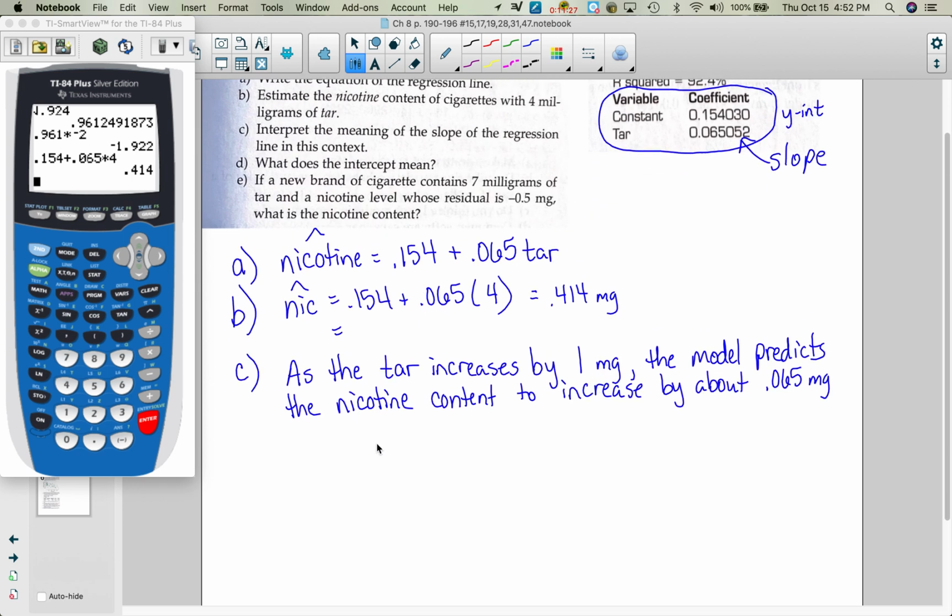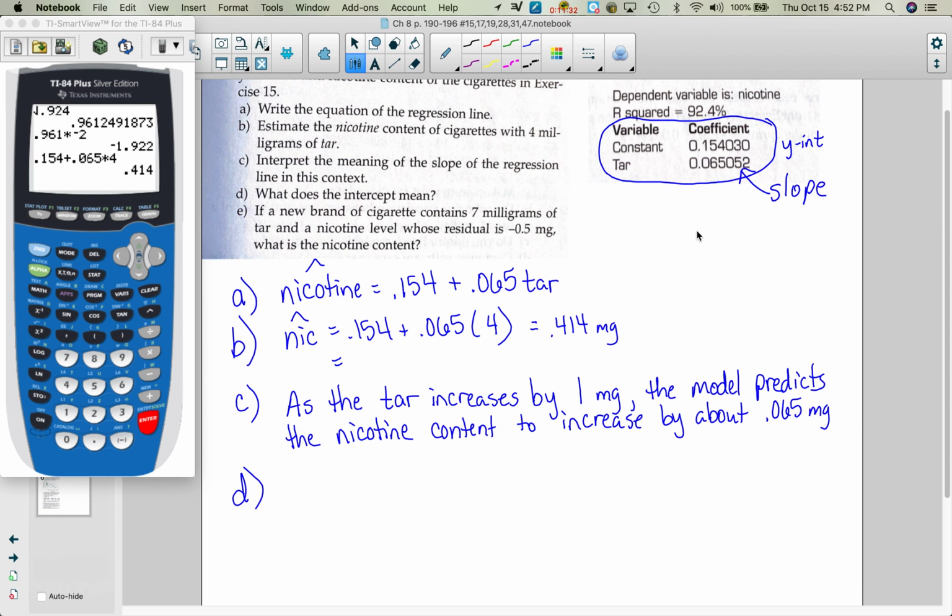So, part D, what does the intercept mean? All right? Well, that would mean if there was no tar content.